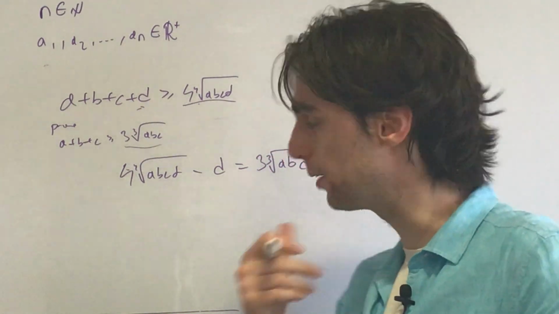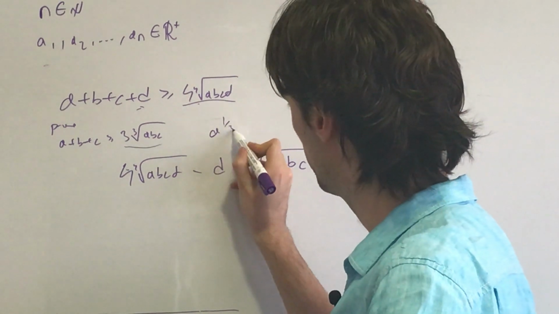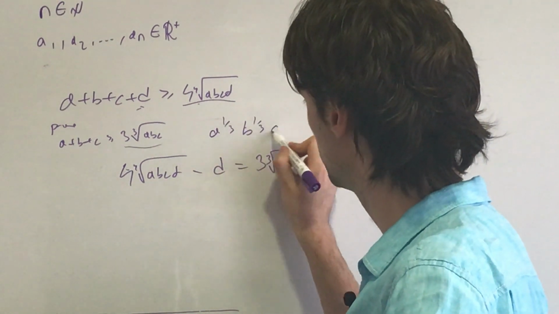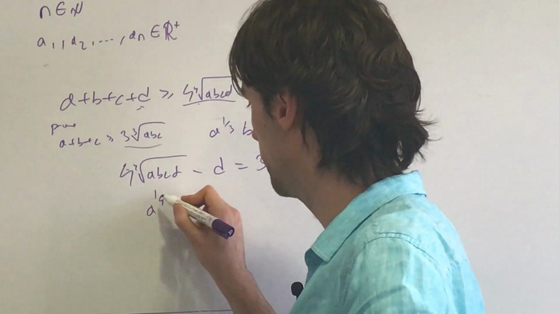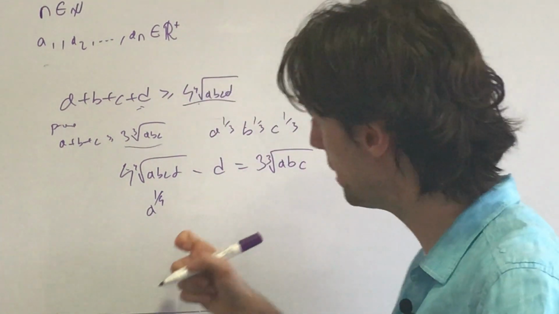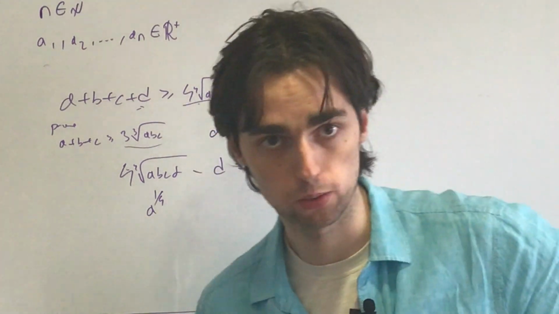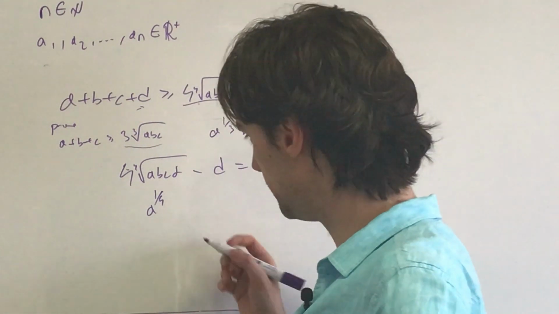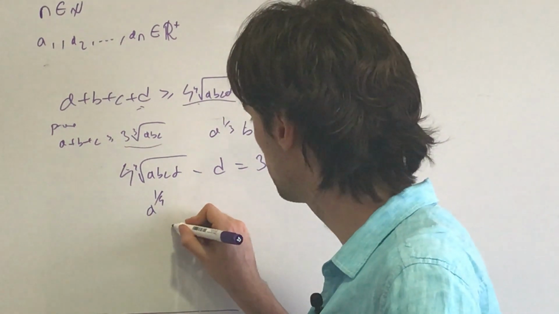Another way is to say, okay, wait, this thing is a to a third, b to a third, c to a third. Here we have a to a fourth, right? I need to make a to a fourth, when multiplied by d, to be a to a third, right? So in d, I need to have, what?